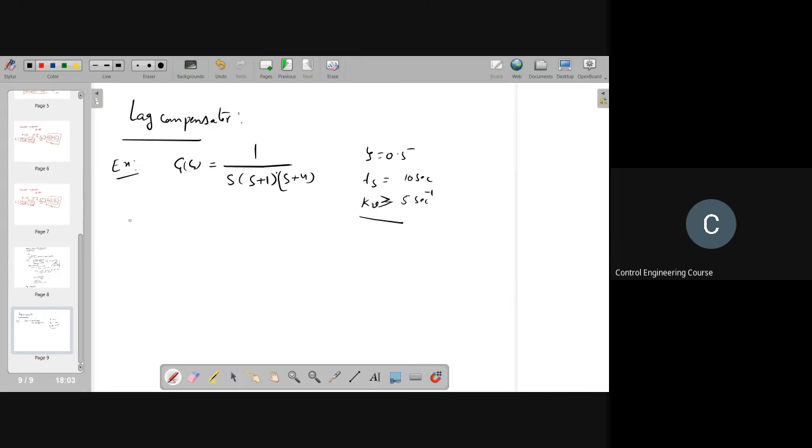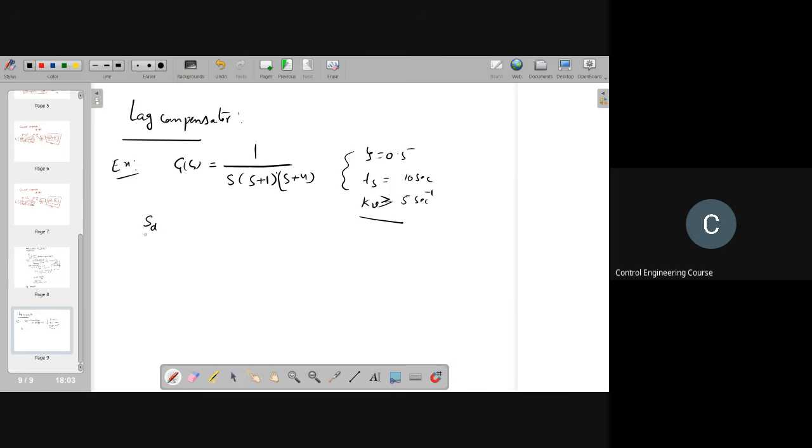So the first step is you translate these two transient characteristics into the desired pole, that is s_d. For that, zeta is already given, then we need to calculate omega n.